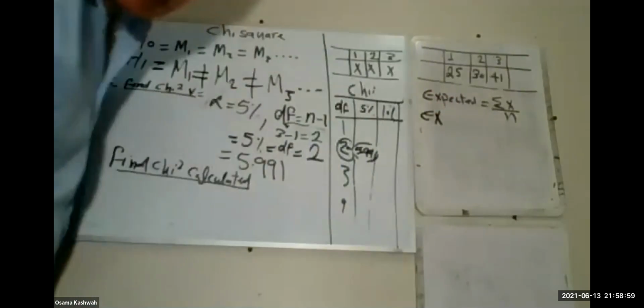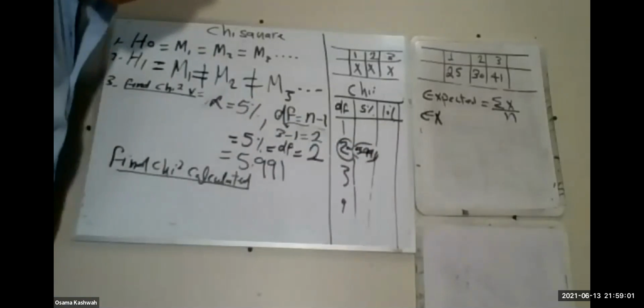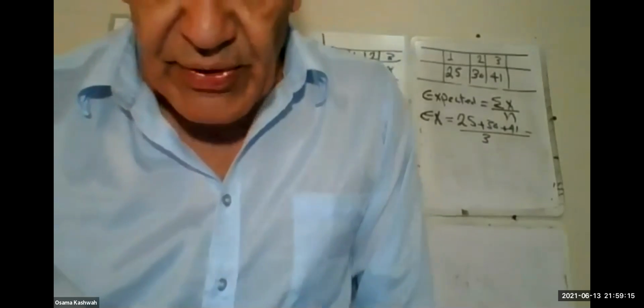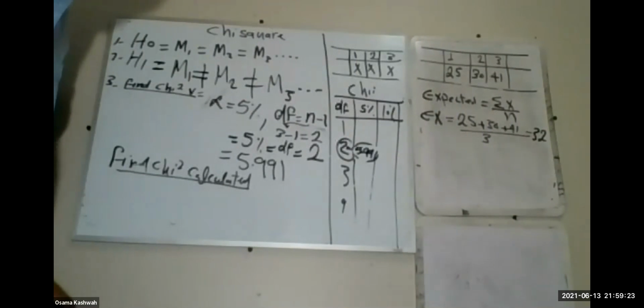So when I get the expected here, the expected will equal 25 plus 30 plus 41 divided by 3. That would give me the average, which I think is 32. So the expected will be 32.